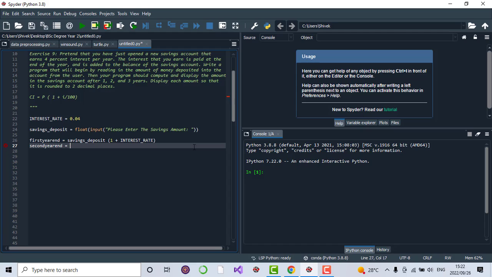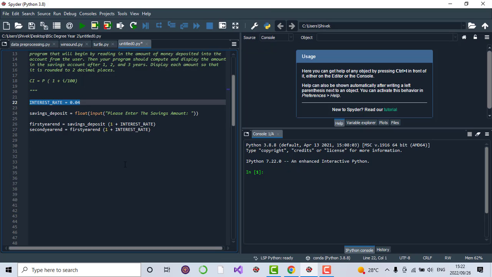So let's do first year end times 1 plus interest rate. You'll notice the interest rate does not change because they specified a constant value of 0.04 or 4%.